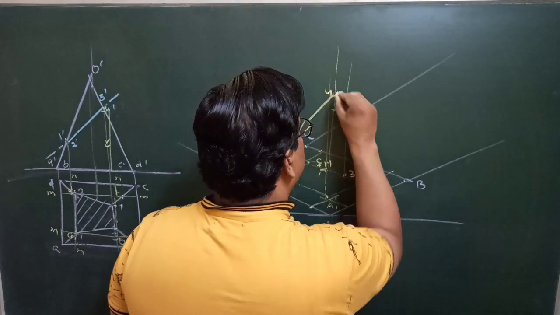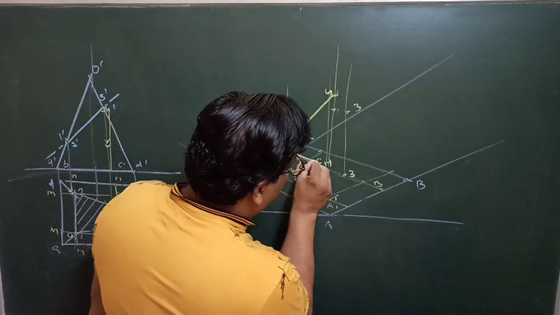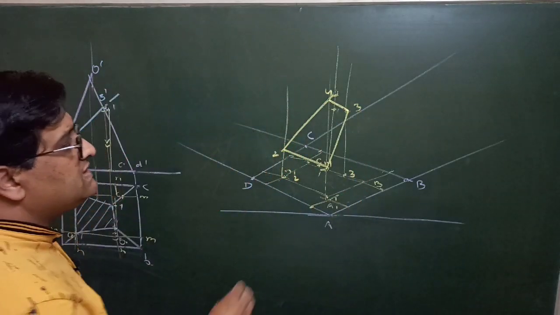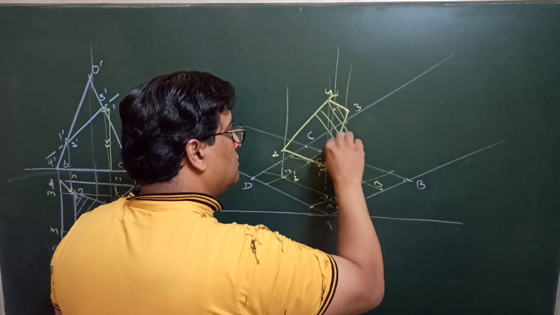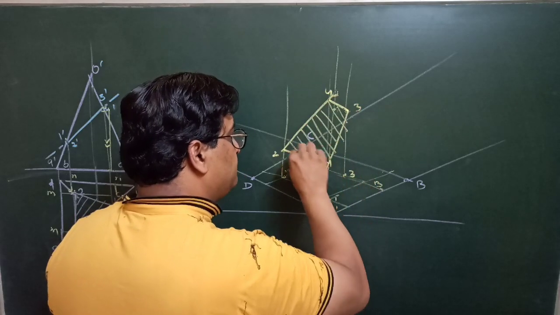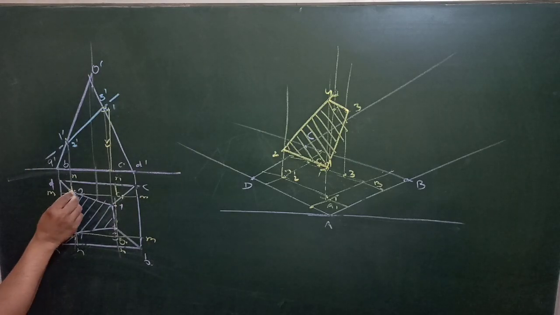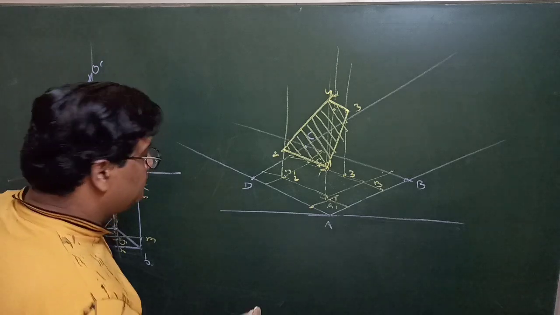So this is 1, 3 and 4. This is the sectioned part we have obtained here. Now we have to join the lateral lines. So here you can see this point A1 is from A to A1 on this line.